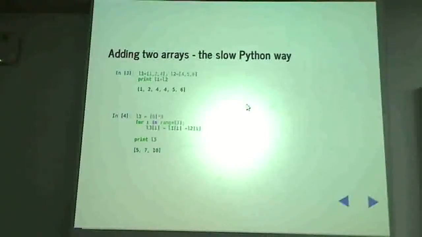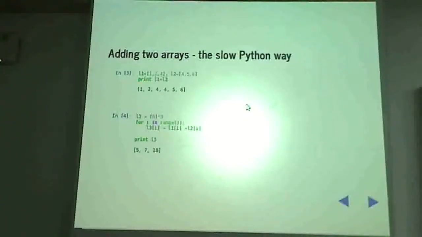What does range 3 return? It returns a list with elements 0, 1, 2, 3 elements. So it is basically the way of looping 3 times over the content of that for block, and then we do L3[I] is equal to L1[I] plus L2[I].